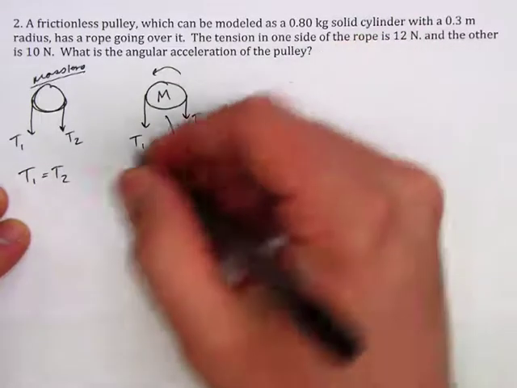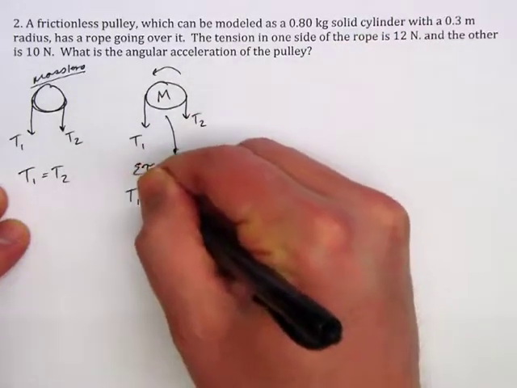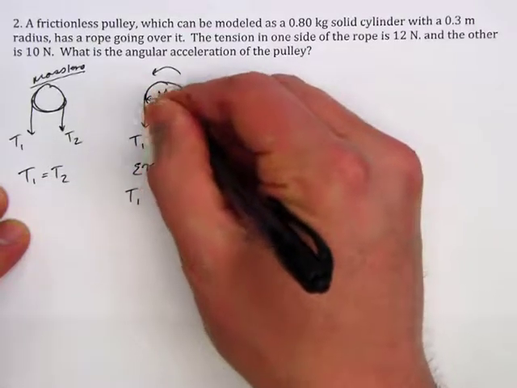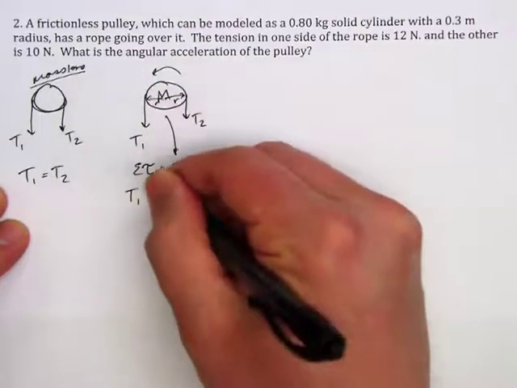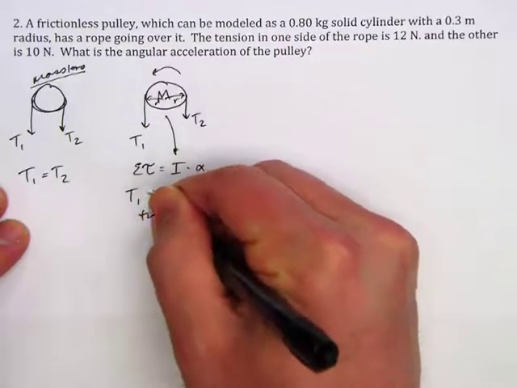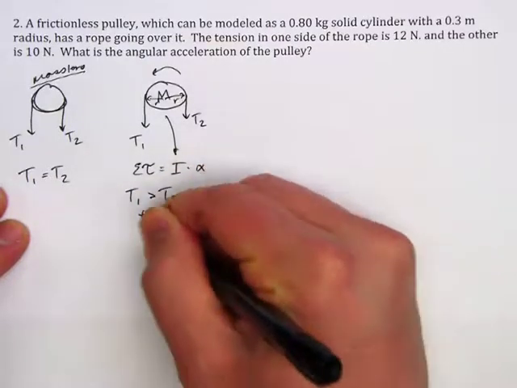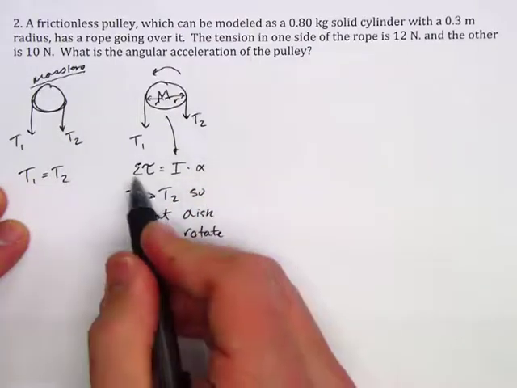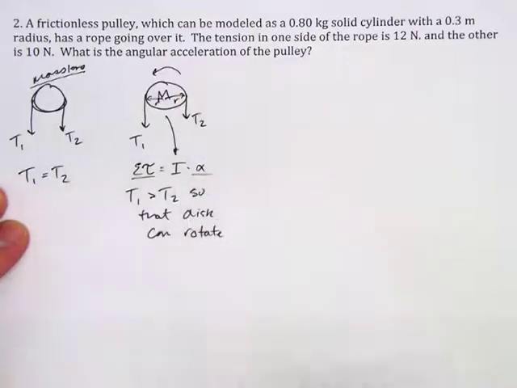So T1, in this case, if we exert at the same R, has to be greater than T2 so that the disk can rotate. Right? Without a net torque, if the net torque was 0, my angular acceleration would be 0. So this is what's different in a problem with a pulley with mass. So let's see how we can account for this and solve.